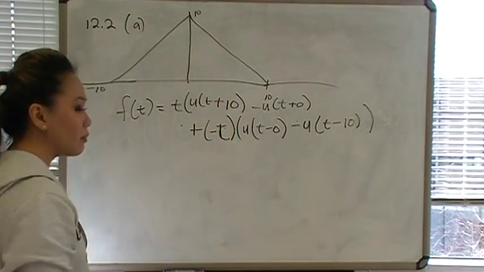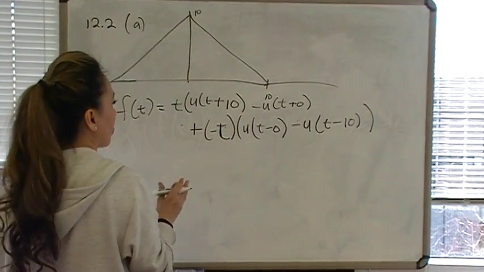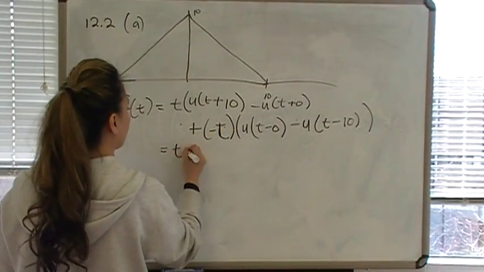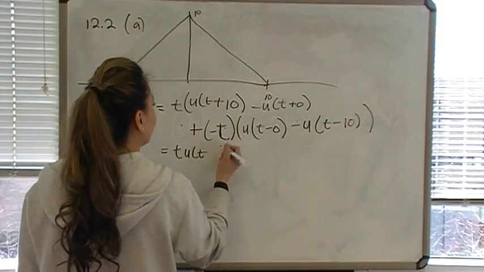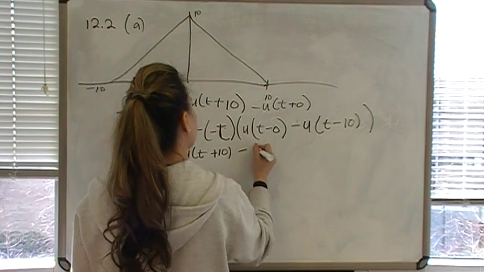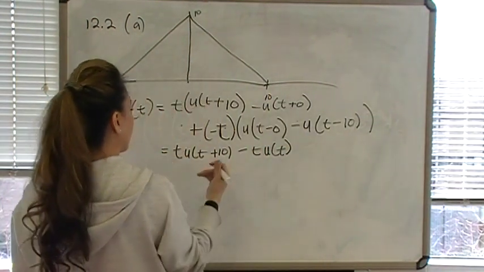Okay. So what we want to do is we want to combine like terms. So distribute everything through. That's going to give me t u of t plus 10 minus t u t. T plus 0 is t.